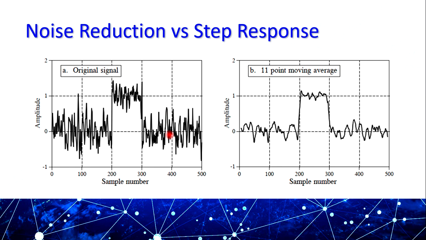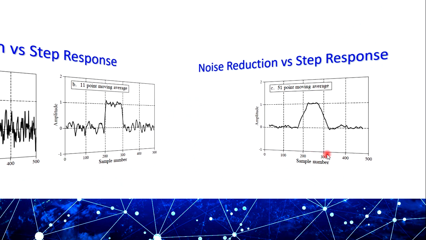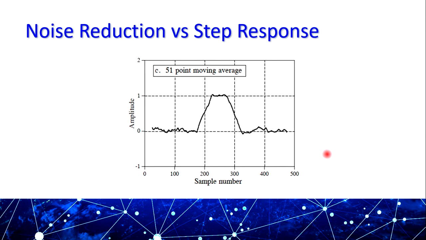So it will have a good step response, but attenuation is not good. But if we apply a 51-point moving averaging filter, it will be smooth, but it will have a slow step response.